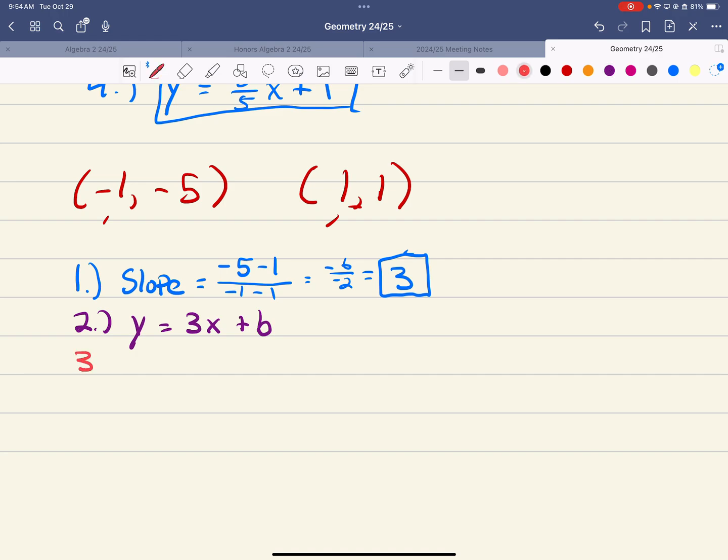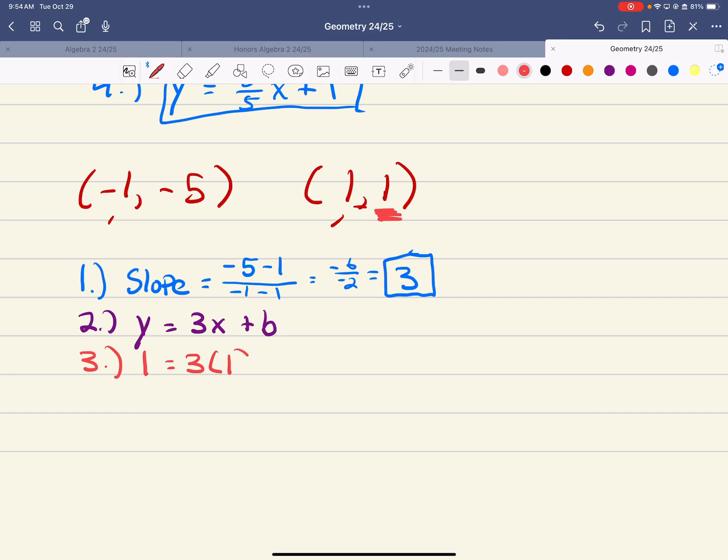It doesn't matter which one you pick. You'll get the same b value if you pick -1, -5, or 1, 1. Which one do you want to use? 1, 1. 1, 1's easier. So my y value, if I use 1, 1, my y value is 1. 3 is there. My x value is also 1 plus b.